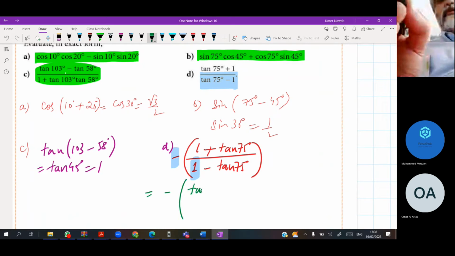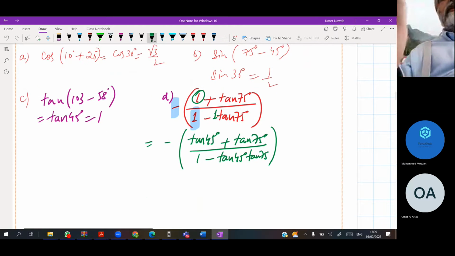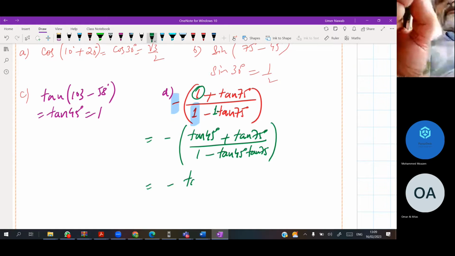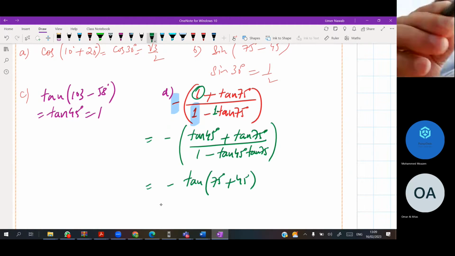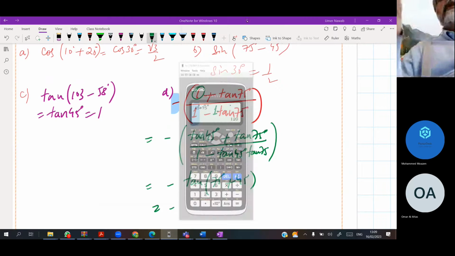Minus, this is tan of 45 plus tan of 75 over 1 minus tan of 45, which is 1. No need to write it. So this is 1 and tan of 75. This is basically equal to minus tan of 75 plus 45, and 45 plus 75 gives us 120.